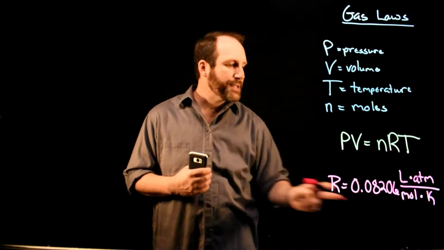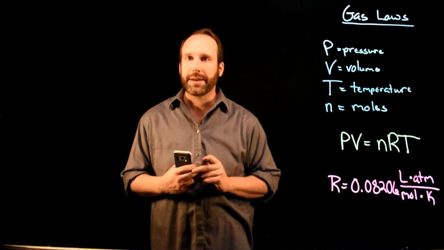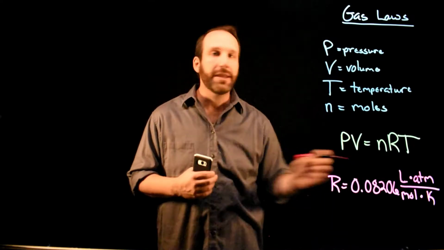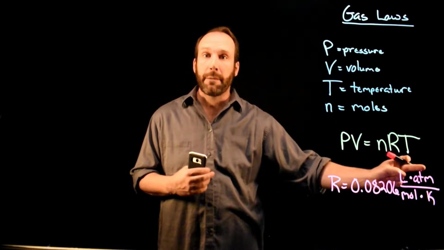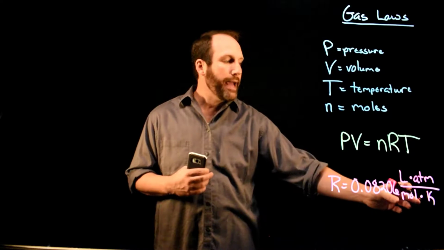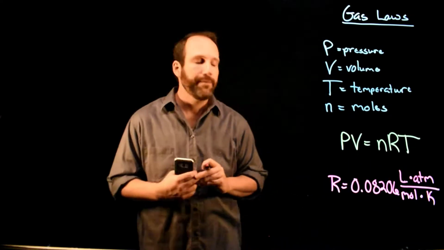And so that gas constant is here, 0.08206, okay, that's the number, but then look at the units. It's a volume unit in liters times atmospheres, a pressure unit, divided by moles and divided by Kelvin, okay?